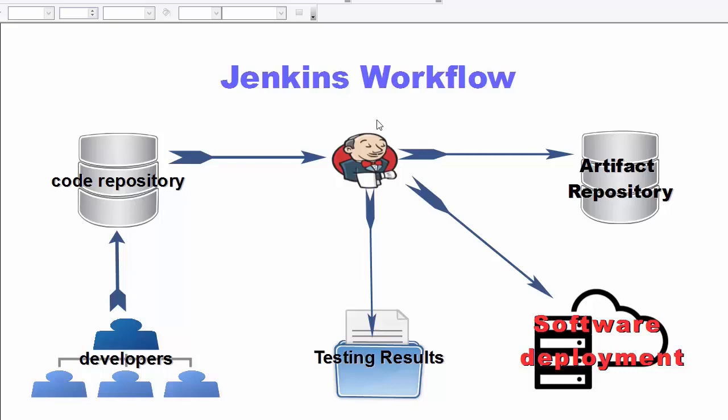Now the job of Jenkins here is to build your code in a reliable manner, and then you may be having different kinds of testing, for example unit testing or integration testing. So the job of Jenkins is to test your code and then at last deploy your code and even transfer this code into our artifact repository.